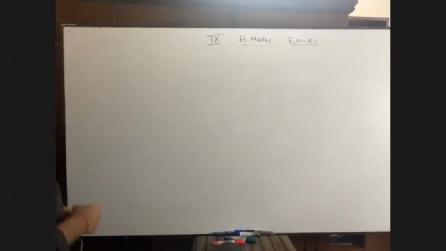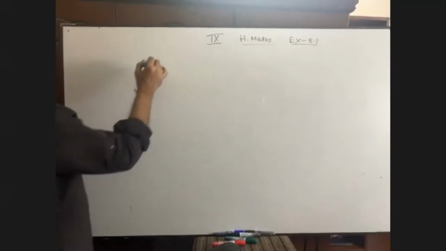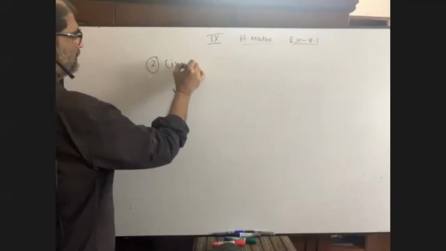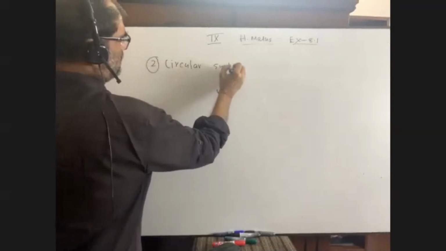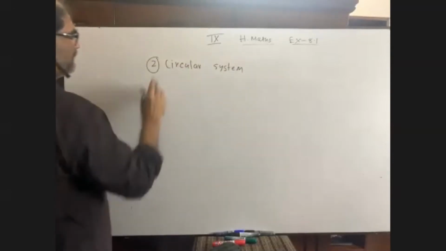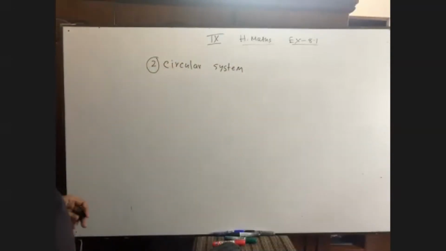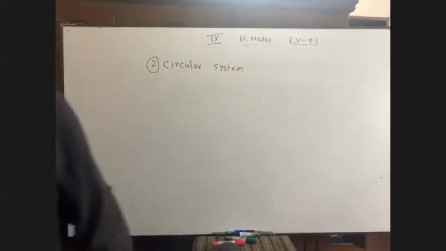Okay. Now we are going to the second part, that is the circular system. Circular system. Okay. What is that? Can you please tell me what is the circular system?